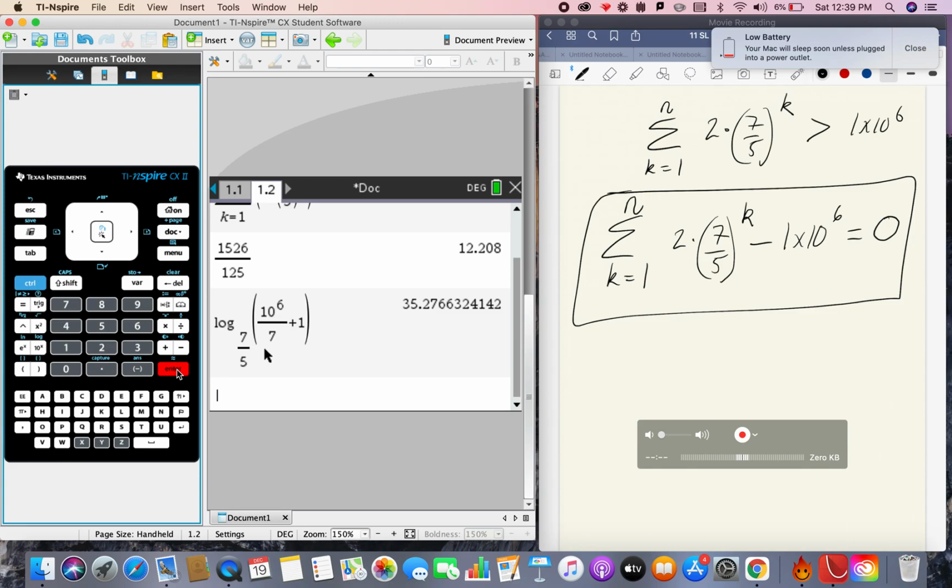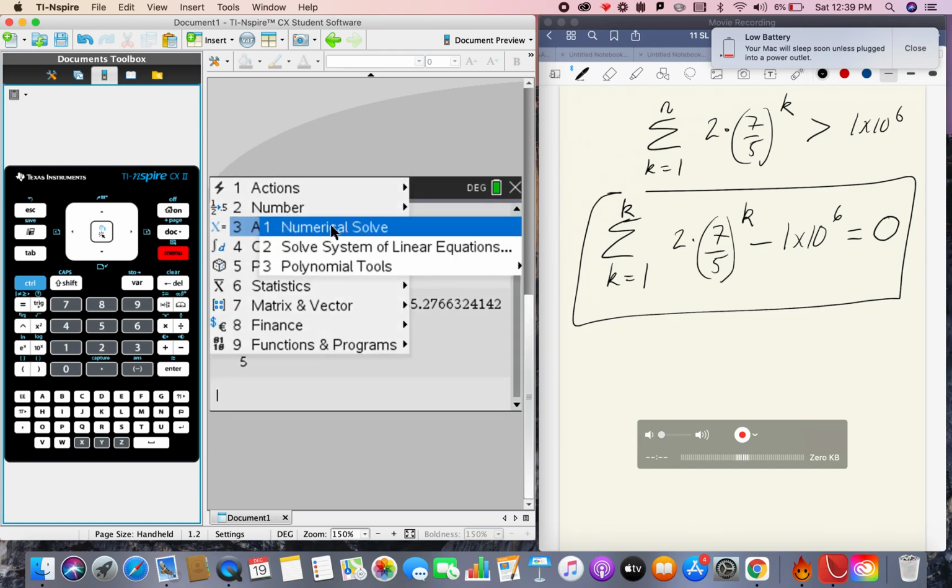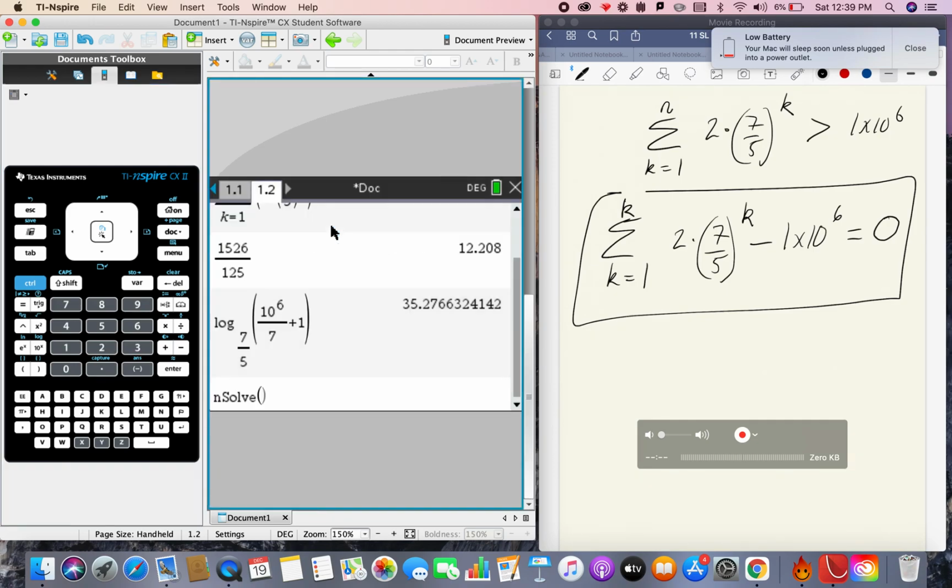Now the calculator just wants you to do one tiny change here. I'm going to change this up to a k, and let's see what happens. So on here, I'm going to go menu, algebra, and numerical solve. So we're going to type this in and see what the calculator can do for us.